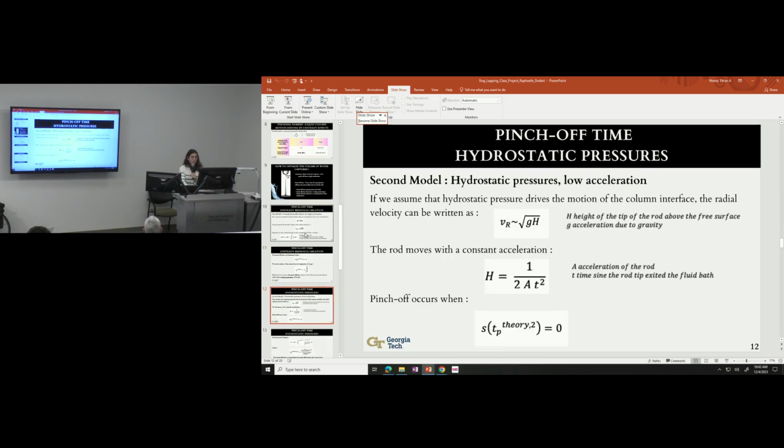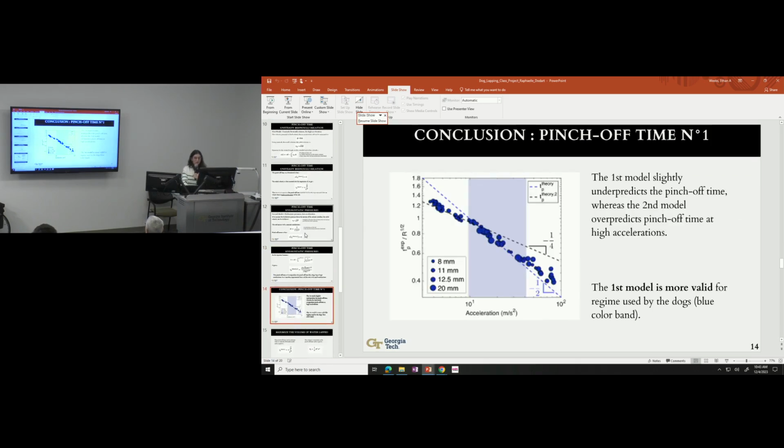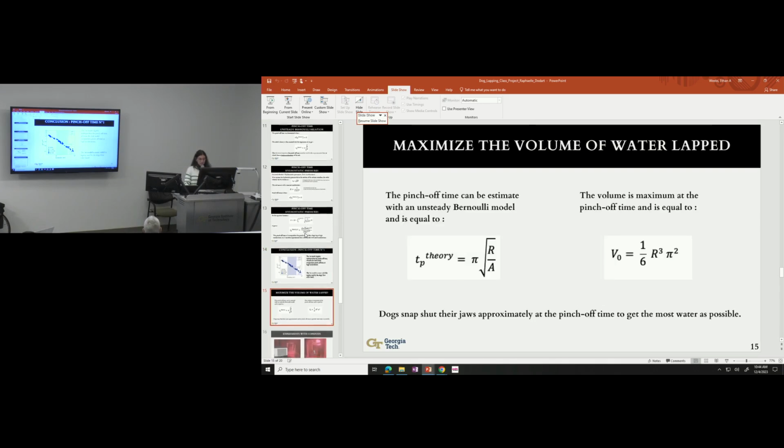The second one is based on hydrostatic pressures and is more valid for lower acceleration. They do exactly the same thing to obtain the second pinch-off time. What they found is that the two models are valid in different areas, but at the end, the dogs lap in the blue color band, and for this reason the first model is more valid to compute the pinch-off time.